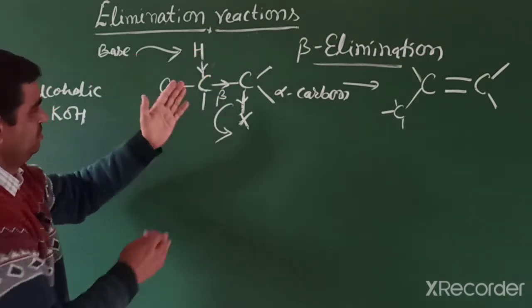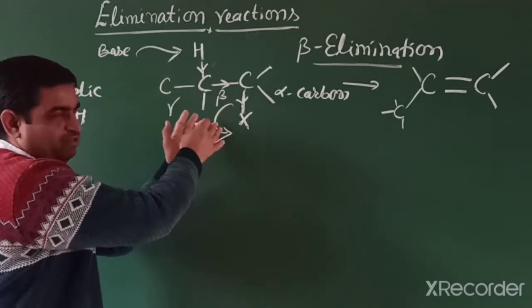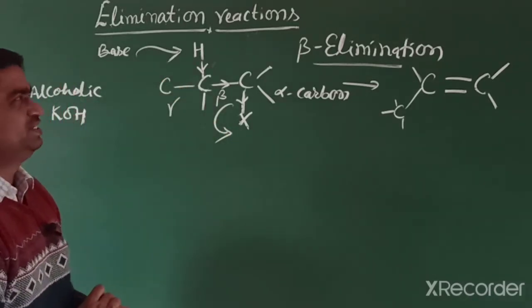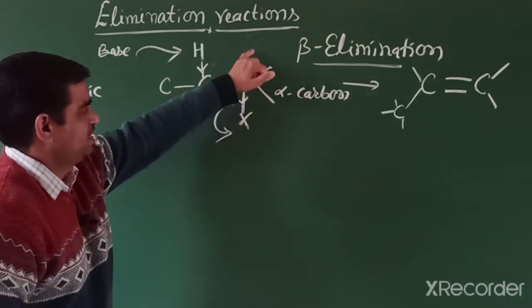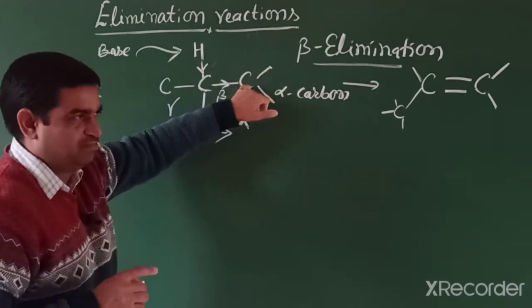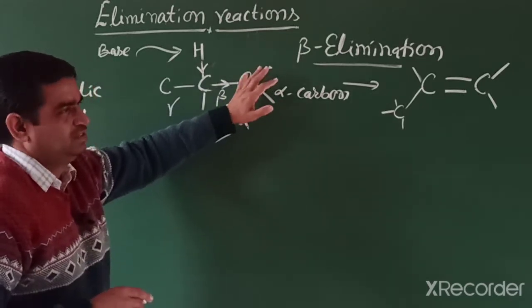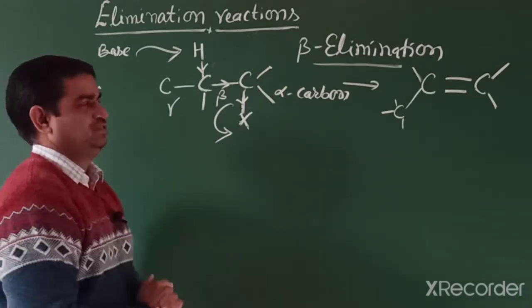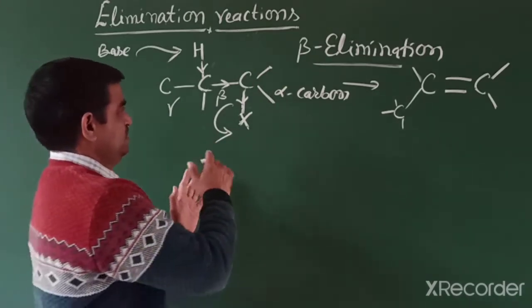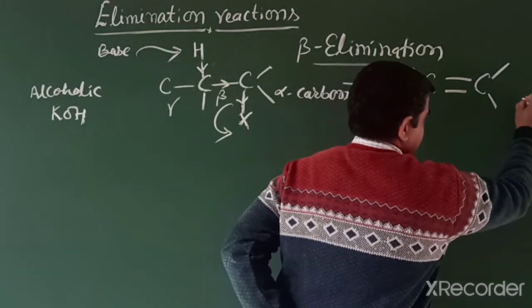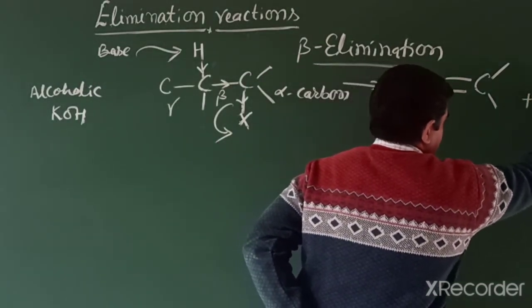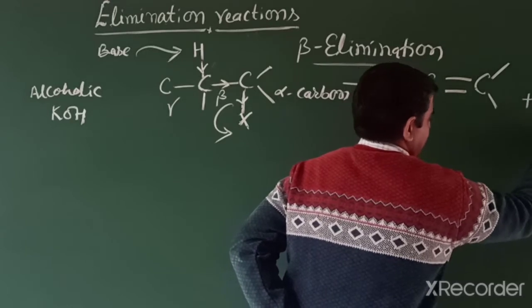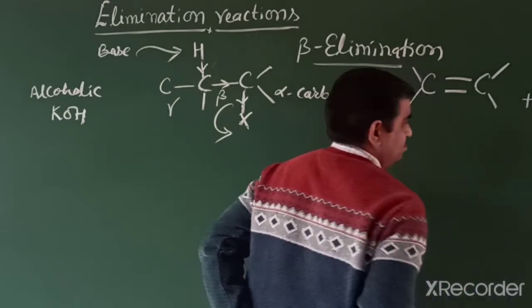That nearby hydrogen and the halogen both get removed, and that is known as beta elimination. If the hydrogen is removed from the same carbon that has the halogen attached, that is known as alpha elimination. So, beta elimination is more important, and in this the base takes the hydrogen and the halogen is removed.